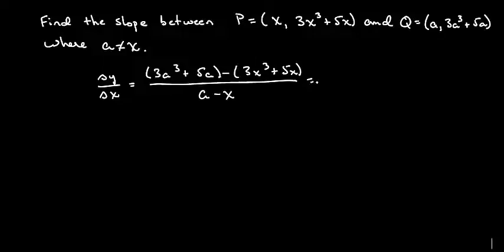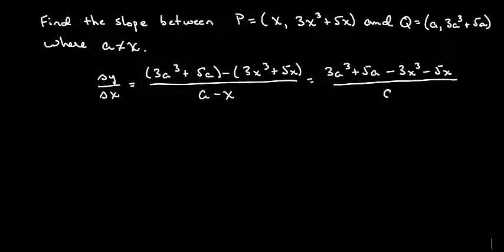There's really not a whole lot that we can do with the top. We can distribute that negative, so we get 3a to the third plus 5a minus 3x to the third minus 5x all over a minus x. And that's it. You're done.